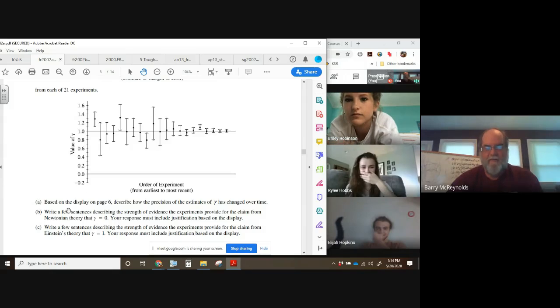Notice it says write a few sentences, so they're leading you to give a written explanation. There's no way you can do any calculations here. You just don't have enough data. But what would you say about Newton's theory that gamma equals 0? What does this graph tell you?